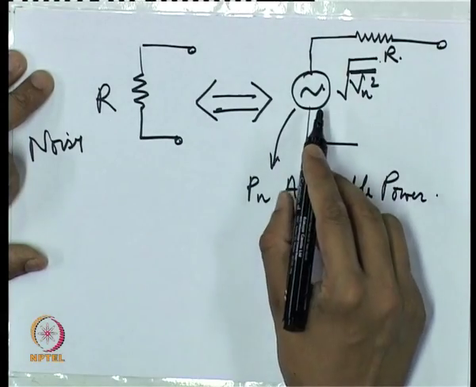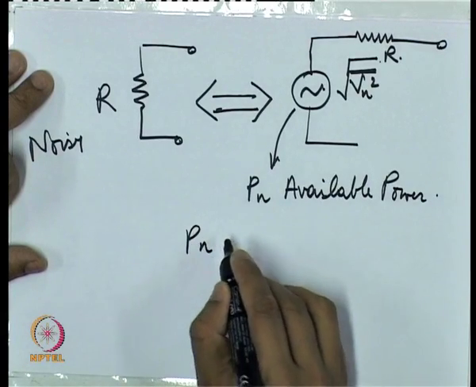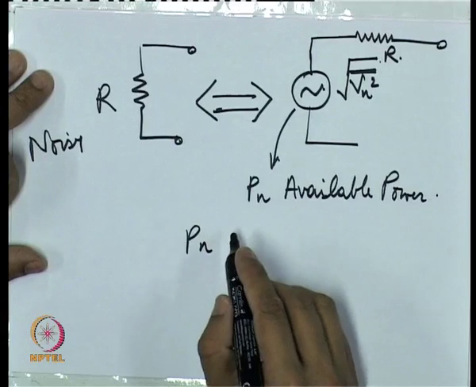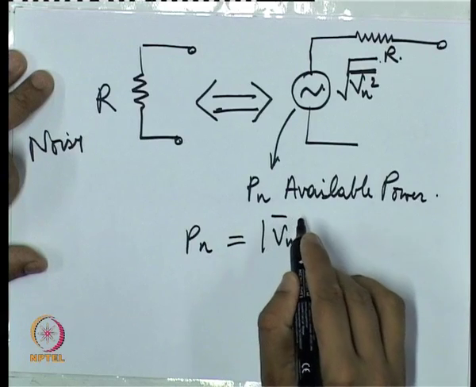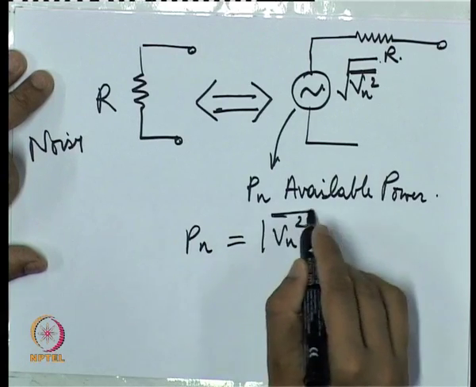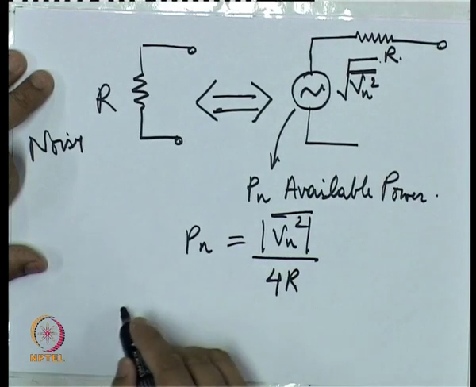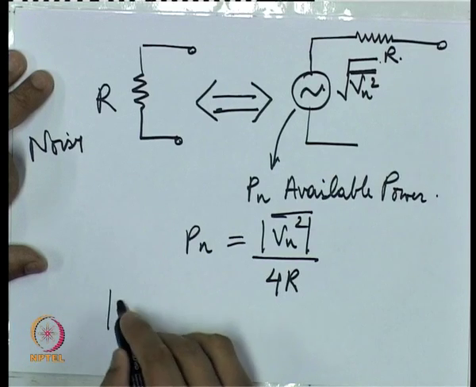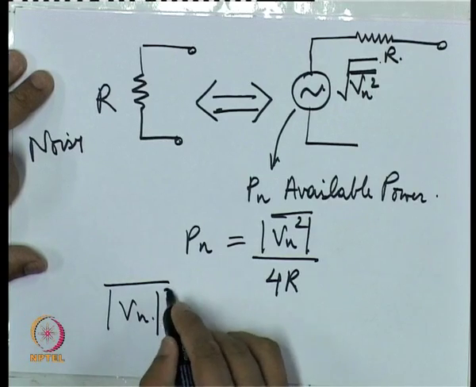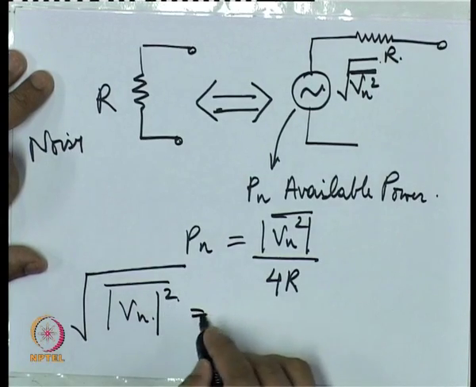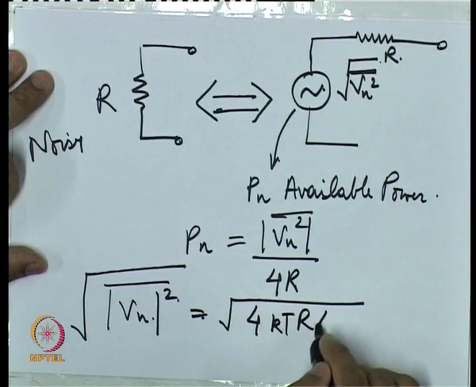And this available power value is given by Pn equal to Vn square by 4R, from which this noise voltage value can be found out to be 4kTRΔf.